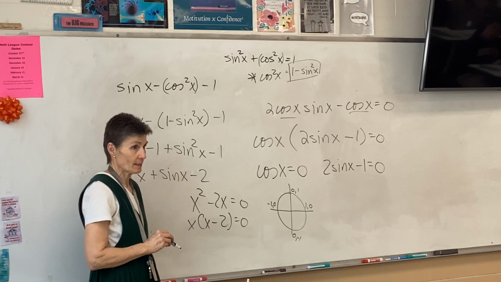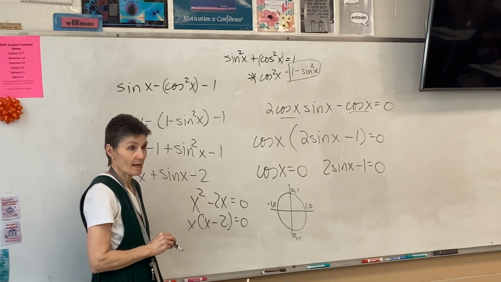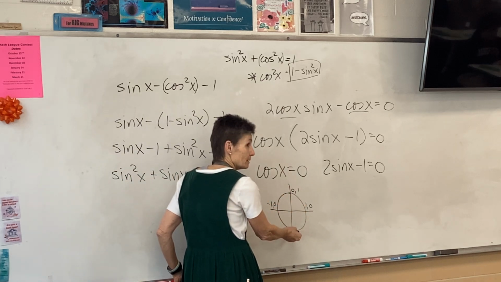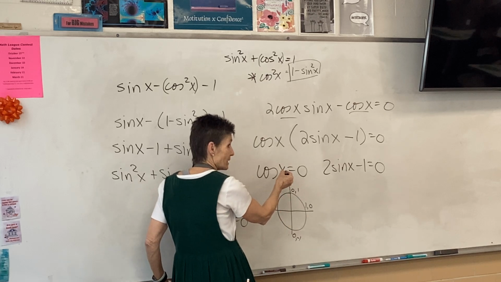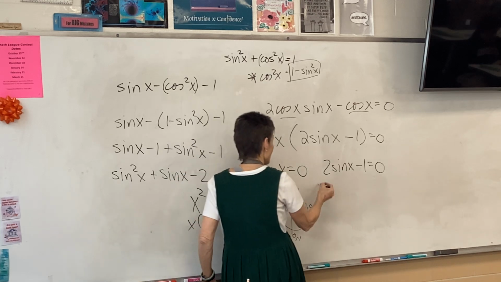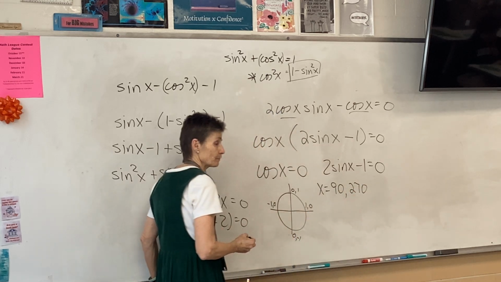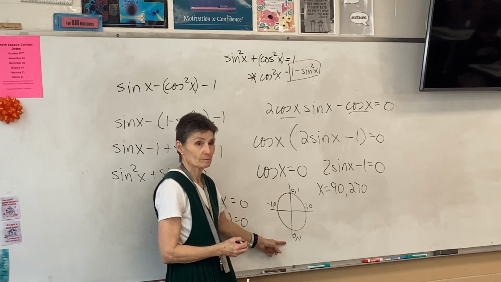Cosine is which letter, x or y? X. Where is x 0? Right here and right here. So that part has 2 answers: 90 and 270. That's where cosine is 0.